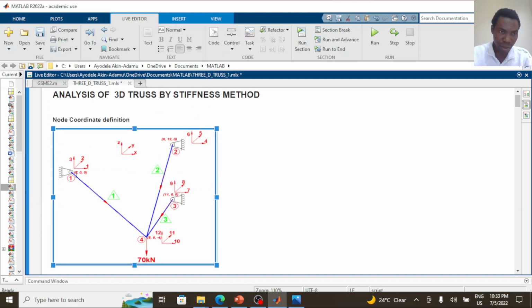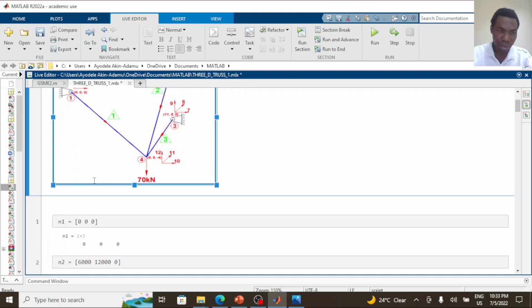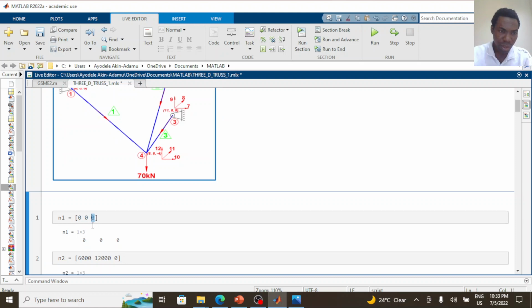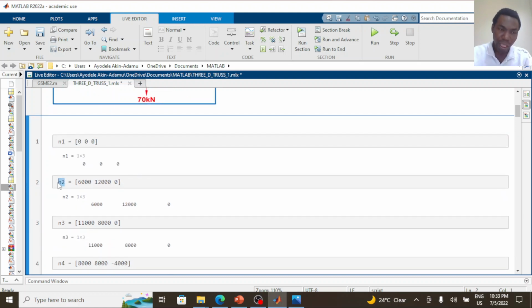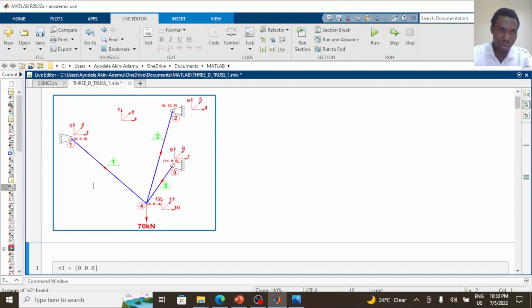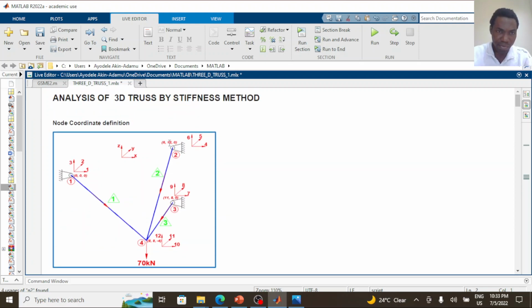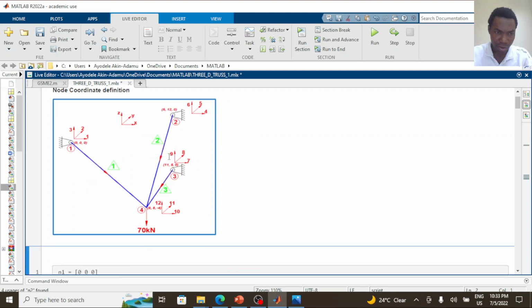The coordinate of node 1, as you can see here, is 0, 0, 0, as already explained in the PowerPoint presentation. Node 2 is this node here, 6, 12, 0. This coordinate unit is in meters, but because I'm working in millimeters, I'll convert it to 6,000, 12,000, and 0.